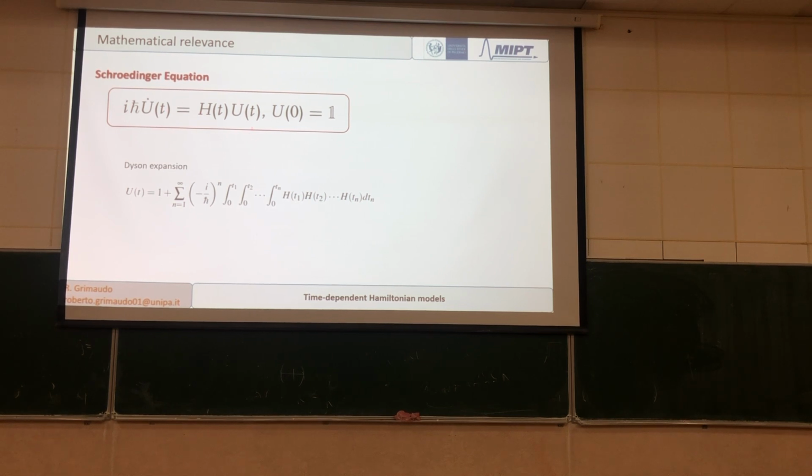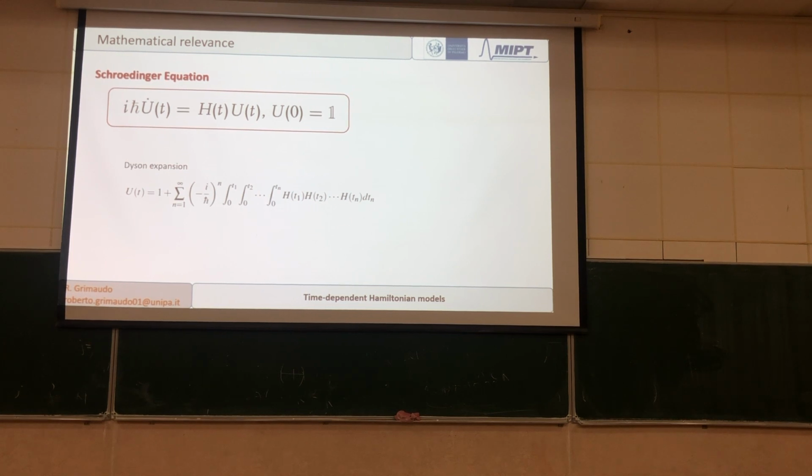This is the Schrödinger equation for the time evolution operator U, which is of course time dependent, while the Hamiltonian could be time independent or time dependent. When the Hamiltonian is time dependent, the Schrödinger equation becomes in general very hard to solve. Even the formal solution for U is very complicated, and it involves the complicated Dyson expansions.